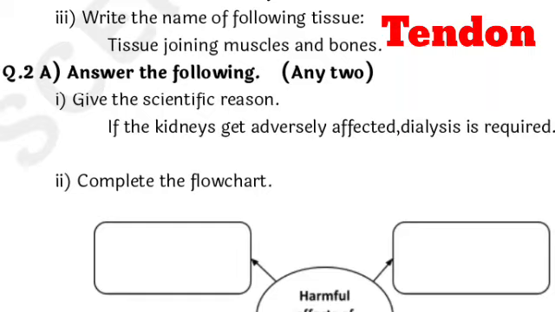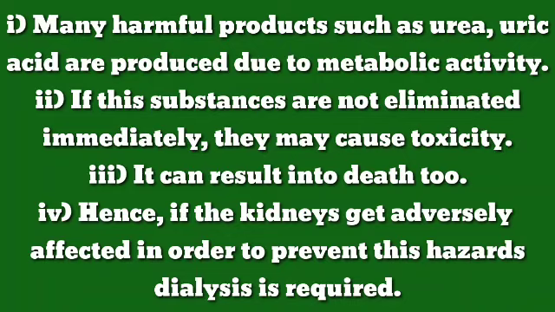Next question 2a. Answer the following. Friends, we have to solve any 2 questions from the questions they have given us below. So let us solve all the questions. First, give the scientific reason. If the kidneys get adversely affected, dialysis is required. Let us solve this question on the next slide.